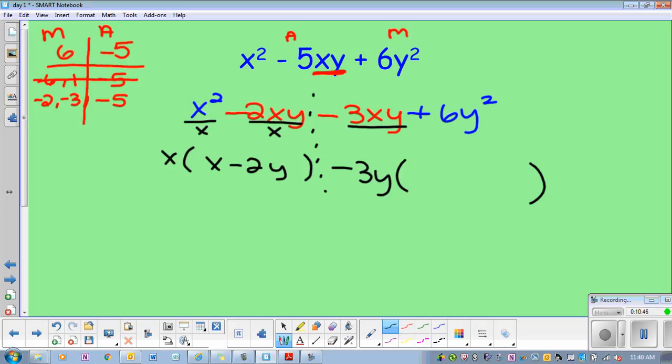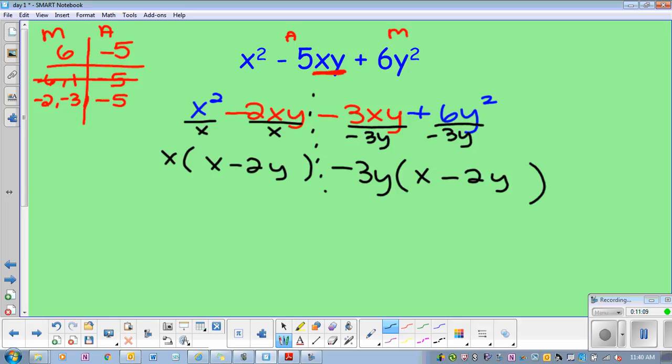Thank you, Hannah. And be careful, that's x minus 2y, because you had a 6y squared divided by a negative 3y, right? You have two y's on the top and one on the bottom.